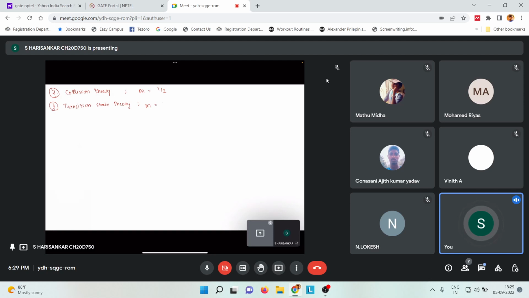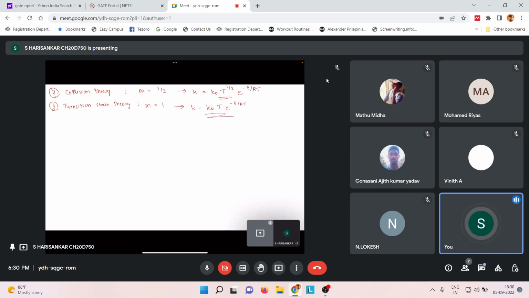So if you write the rate constant in terms of collision theory, it will be k is equal to k0 T raised to m, which is 1 by 2, then e raised to minus E by RT. And according to transition state theory, k will be equal to k0 T raised to 1, because m is 1, e raised to minus E by RT.